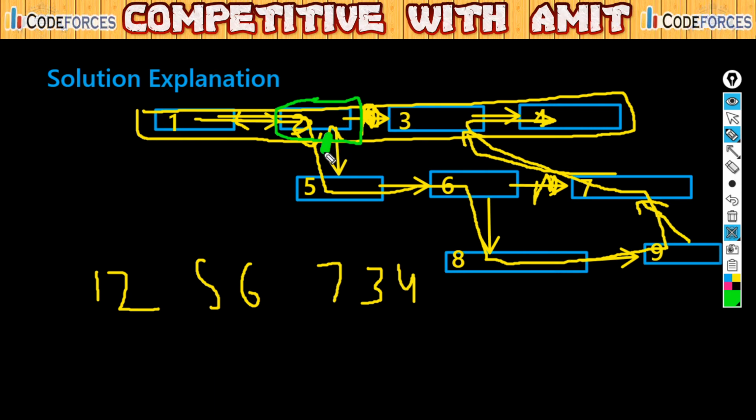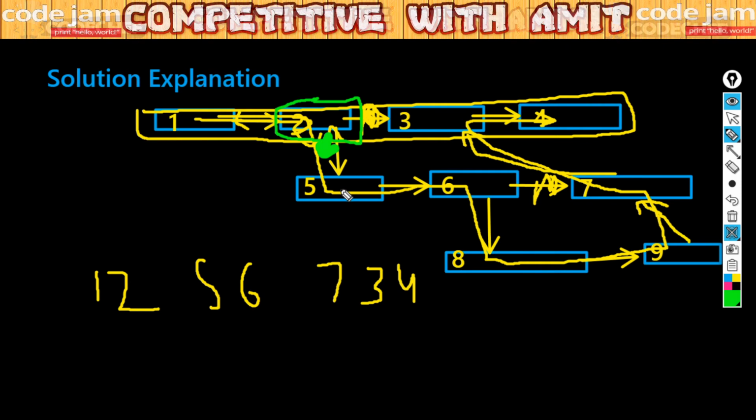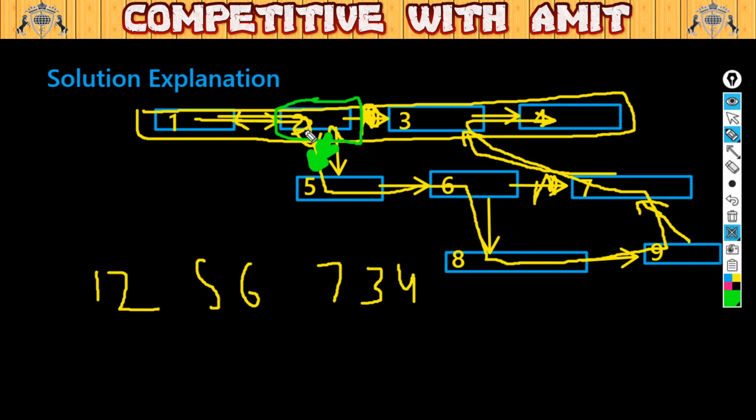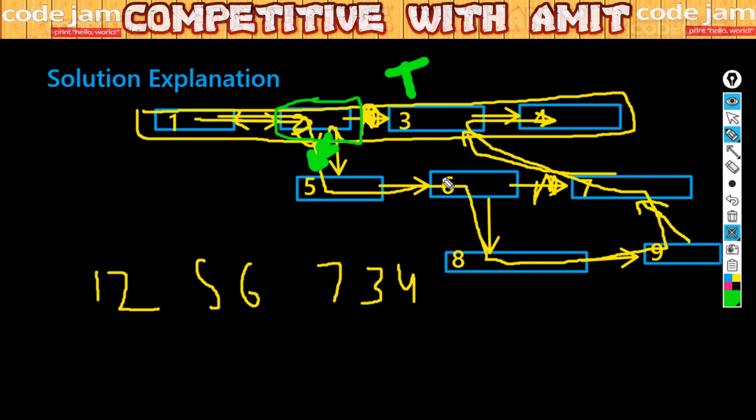Suppose this has 5 as a child. Then we will iterate over the whole linked list. Before iterating, we will first consider this 5 as its next, 2 as its next, and we will store this value, 3, in a temporary variable.